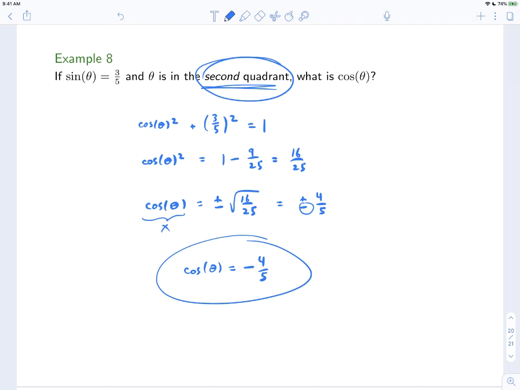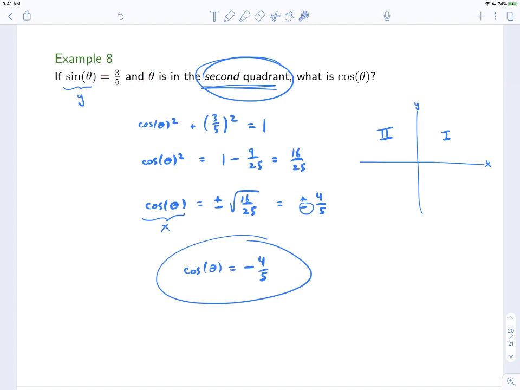Notice that if you're in the first quadrant or the second quadrant, then y has to be positive. So if we draw our xy axes here, this is quadrant 1, this is quadrant 2. So in either of these quadrants, y is positive. So the y value, which is sine of theta, has to be positive.